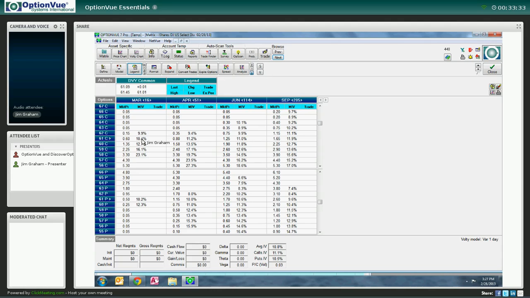It's because, first of all, you'll notice that there are a large number of options that have no MIV shown, especially in the nearer term ones with very little time left. Notice how there's no MIV on these 4 calls, and these 2, and these puts. Only 2 of the puts actually have an MIV calculated.